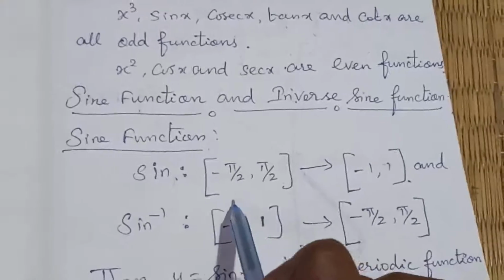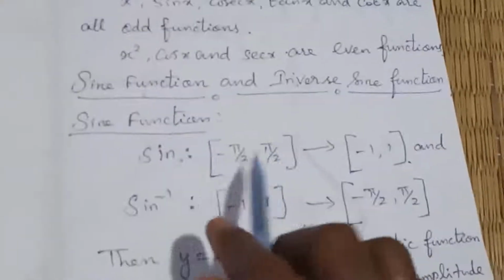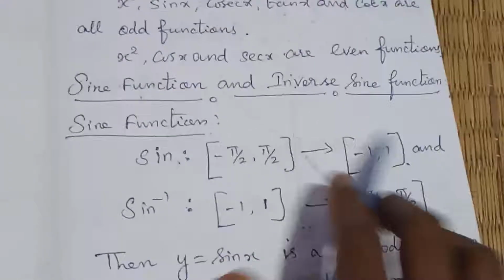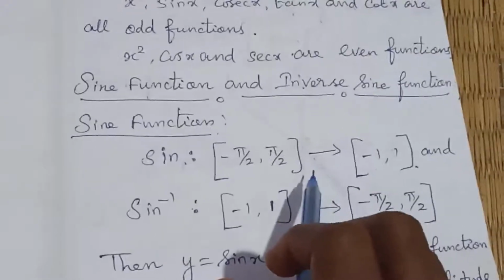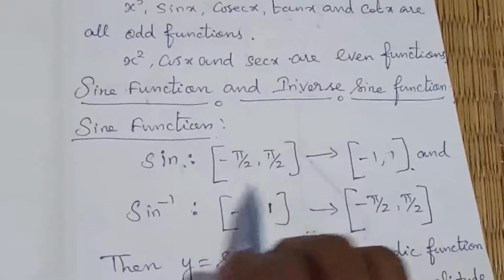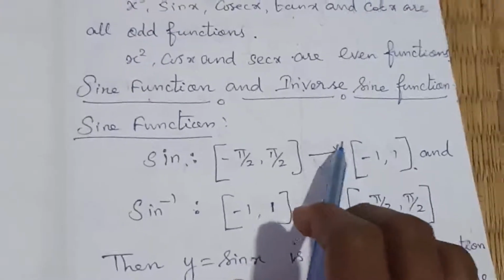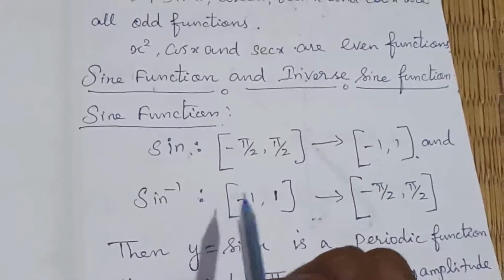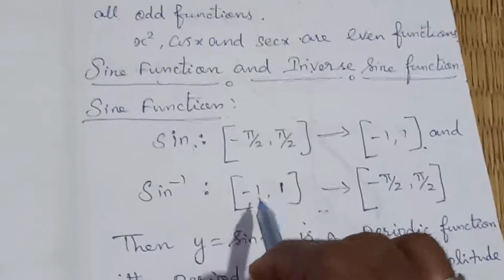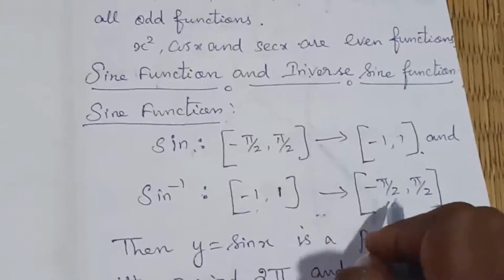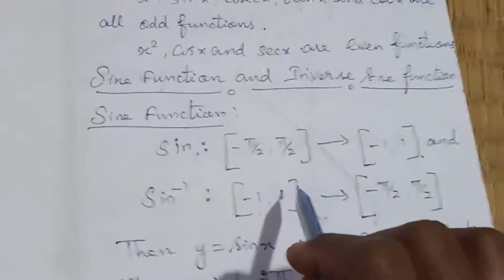This is the x part and this is the y part. Suppose we have to plot in the graph, this is the x part and this is the y part, or otherwise we can change the xy axis, that is the inverse. So suppose we have to plot the inverse part, this is the x part and this is the y part. It totally has some changes, reciprocal.